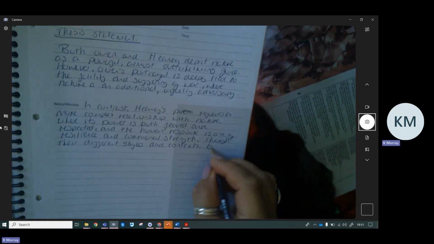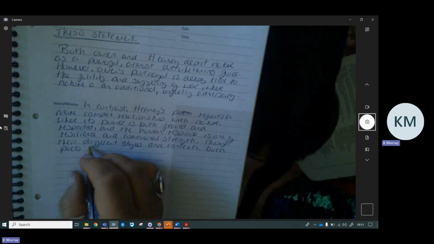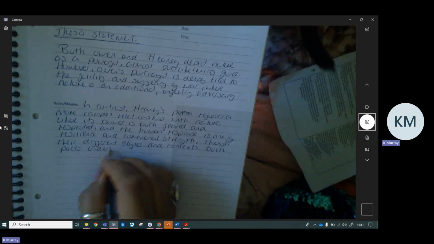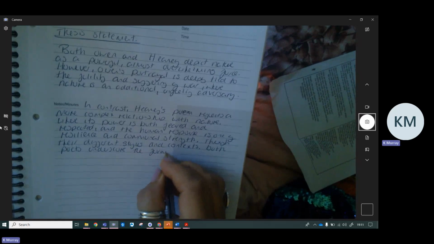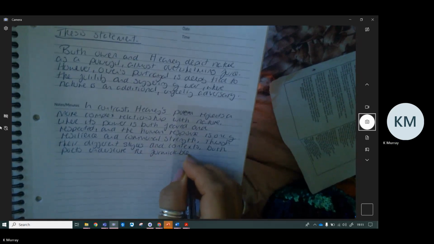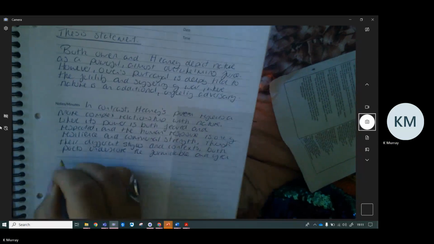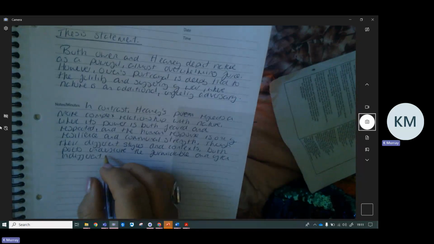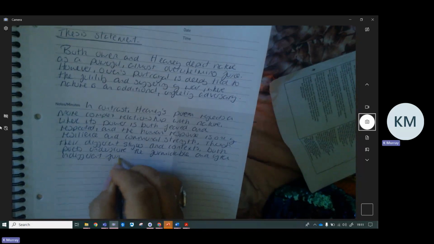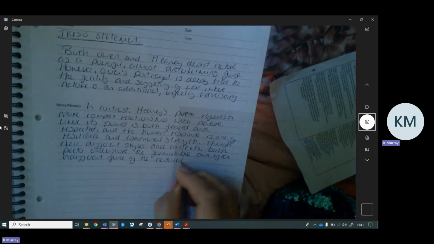Both poets, okay, comparison, both poets underscore the formidable and often indifferent force of the natural world.